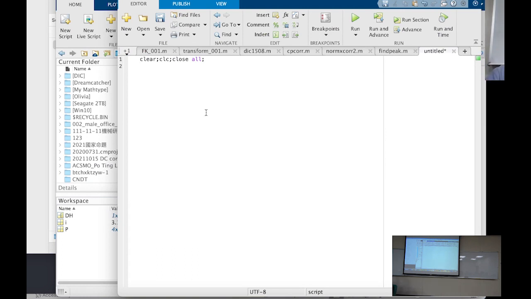Now I need to define functions. So there are many ways of defining functions. Let me use handles. So f equals, let's try to solve 2 times sine of 3 times x. How about that?